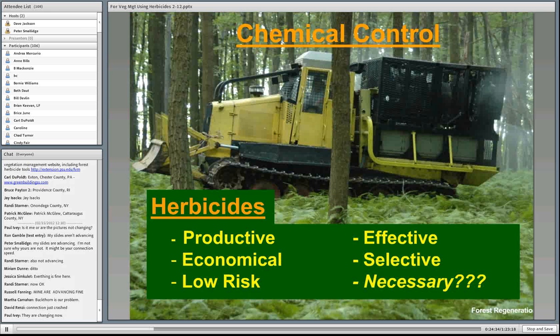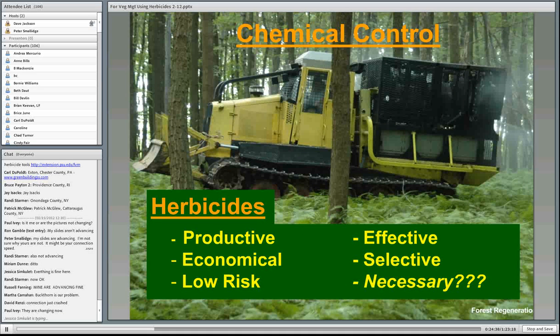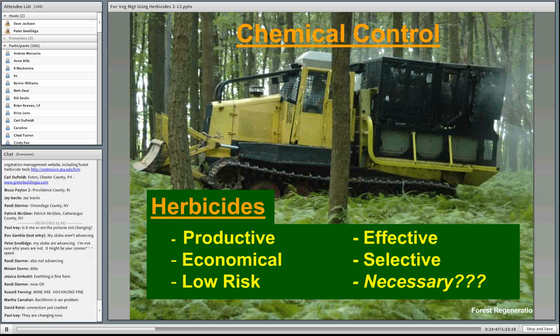And certainly when we look at comparison to mechanical means such as running chainsaws, I would suggest that they're much lower risk. They're effective. A lot of research and commercial applications are being done right now that we have found particular rates of application and dates of application when we can do these things and be very effective.